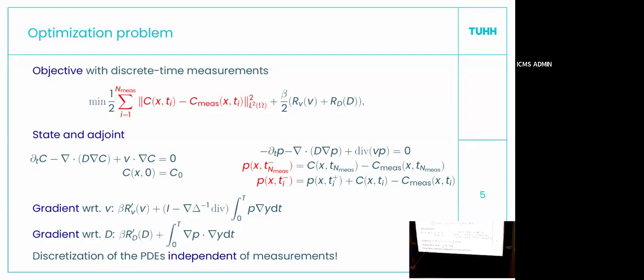All right, we have a divergence-free constraint for the flow velocity that we can take care of by projection, and then we get a gradient.